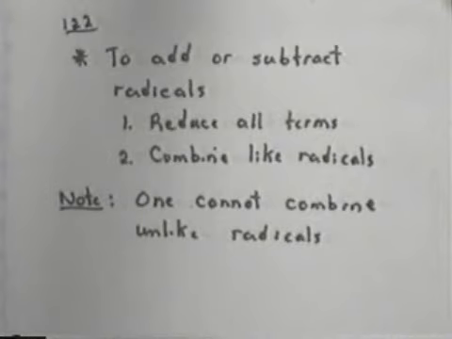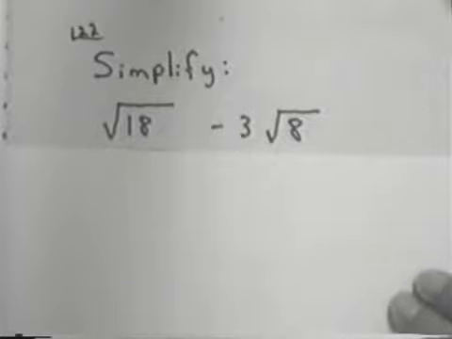Let's look at some examples. Let's simplify the square root of 18 minus 3 times the square root of 8. As they stand now, the radicals cannot be combined because they are not alike.